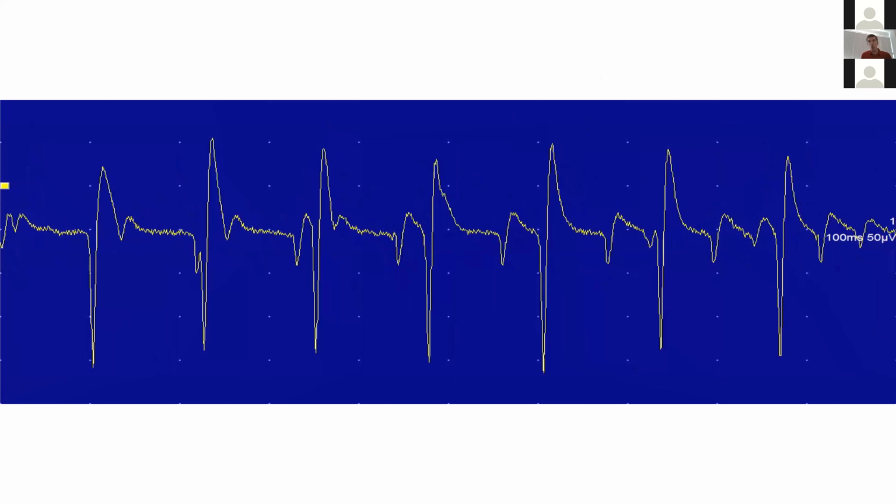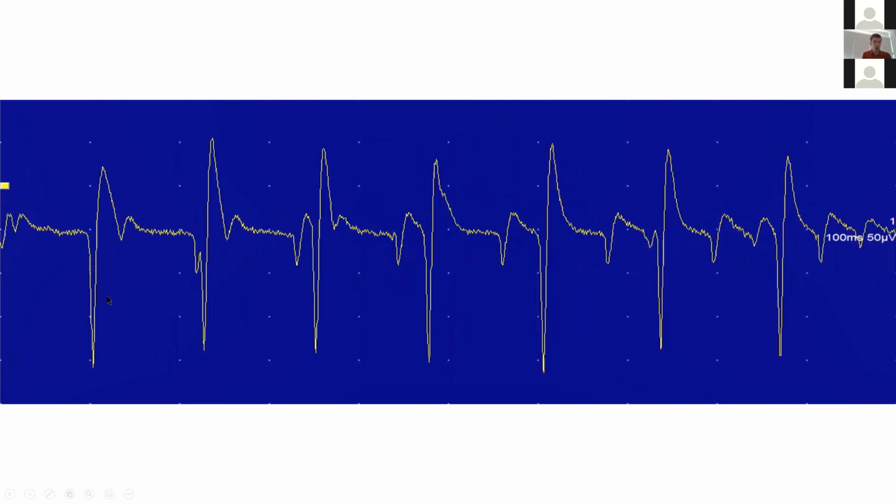This is a sample where the sweep duration is 100 milliseconds and the sensitivity is about 50 microvolts. We see two different single muscle fibers with a different frequency.